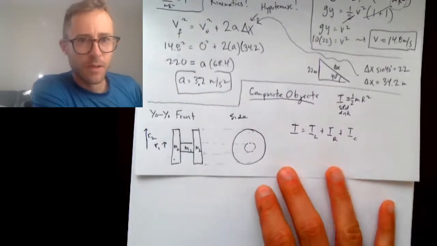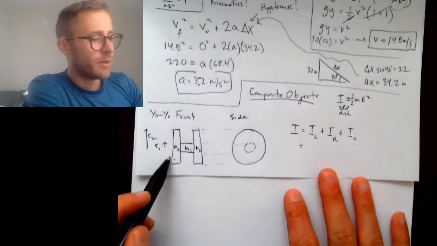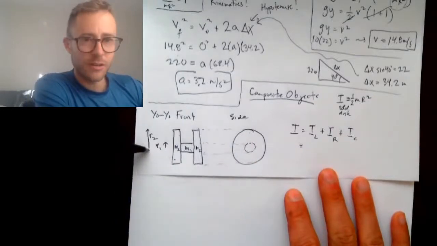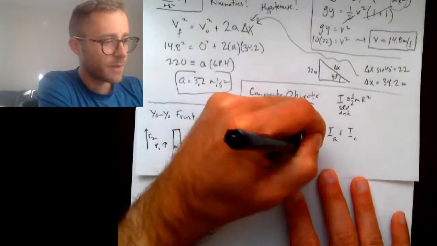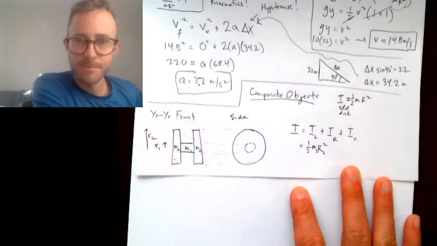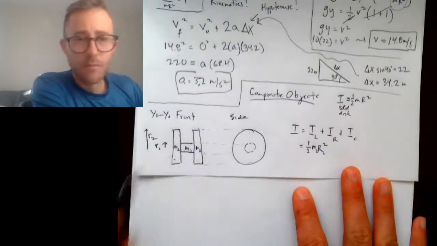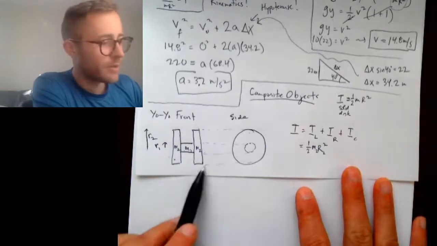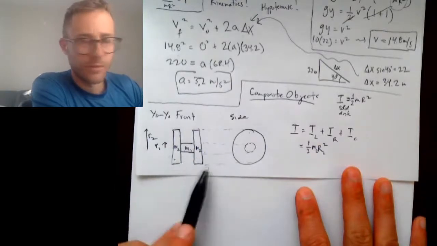So the inertia of the left part is going to be, the left part has a radius r2 and a mass m2. So it's going to be 1/2 m2 r2 squared. The right part is going to have an inertia that is identical because they're both similar.